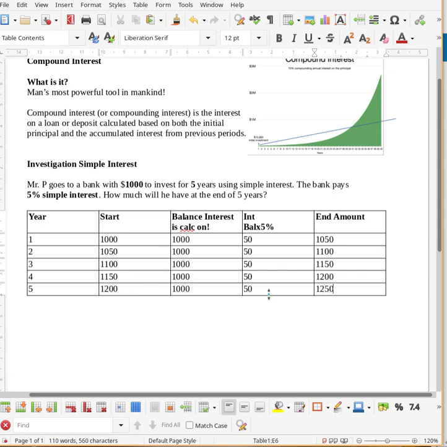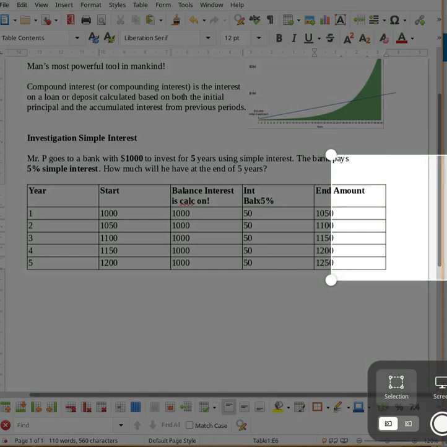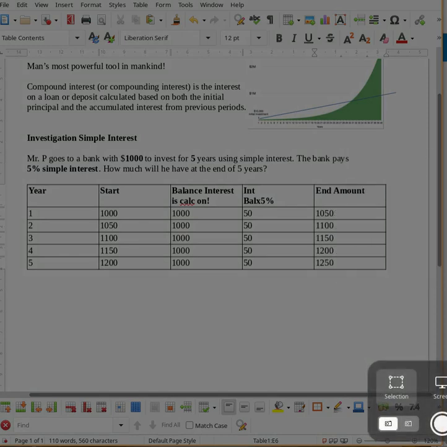Now, let me show you mathematically what that means. We've done this calculation before, but you probably didn't realize exactly what we were doing.